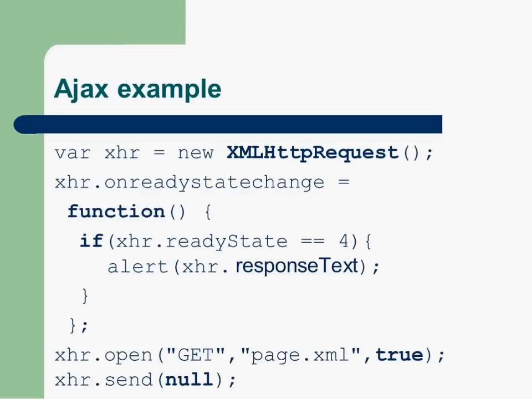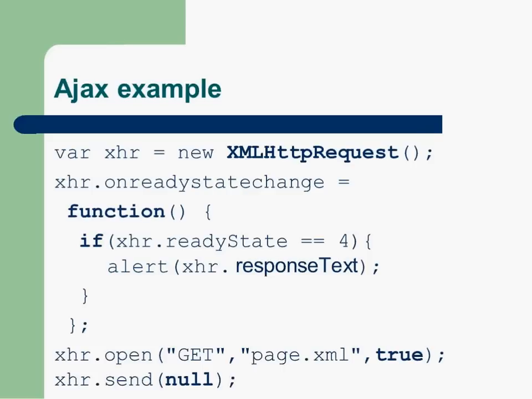So you can add this code inside a button click handler. Whenever the click happens, call this code, which internally creates an XML HTTP request object, adding the URL. The URL is page.xml, the second argument in open. Here it is a relative URL, but you can use an absolute URL.